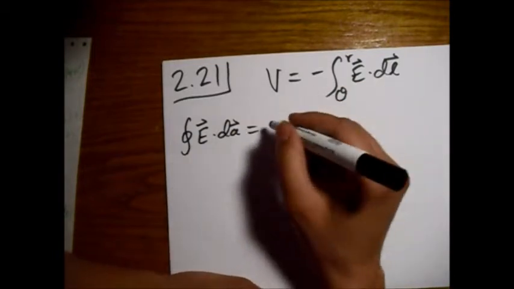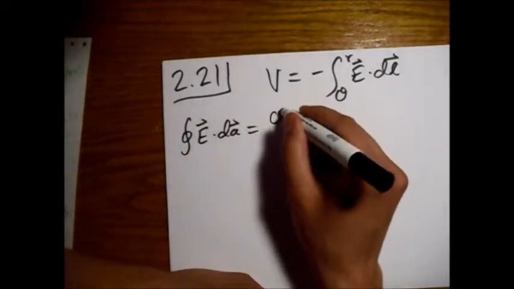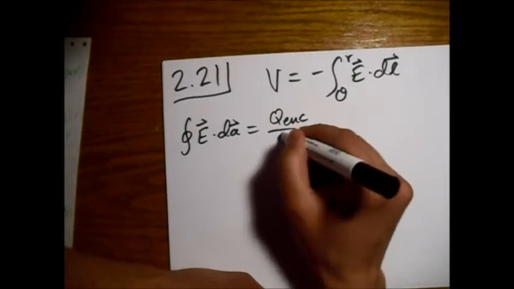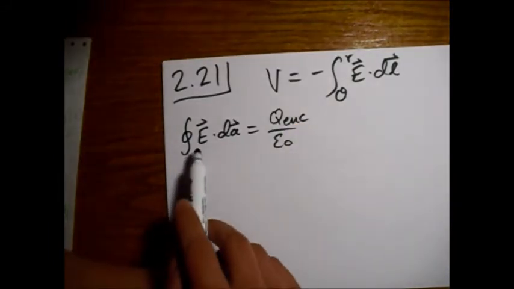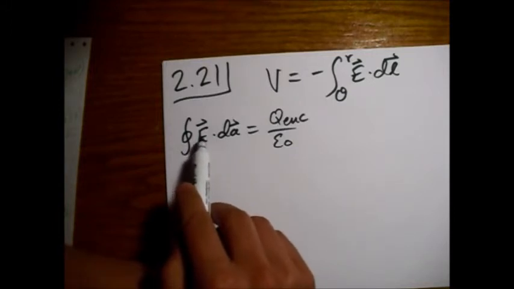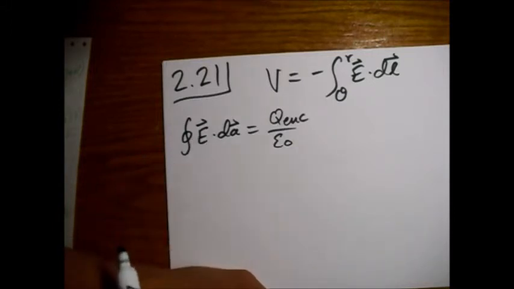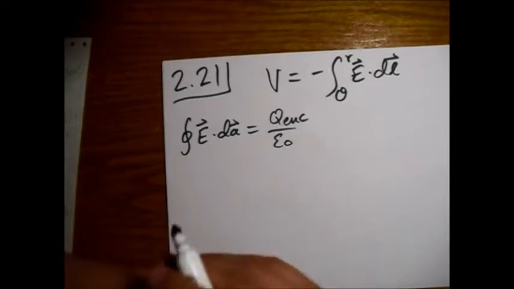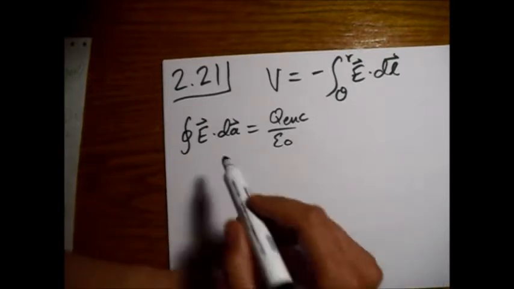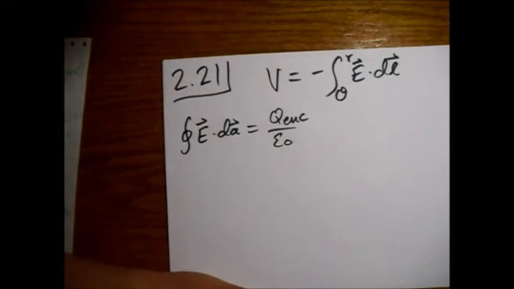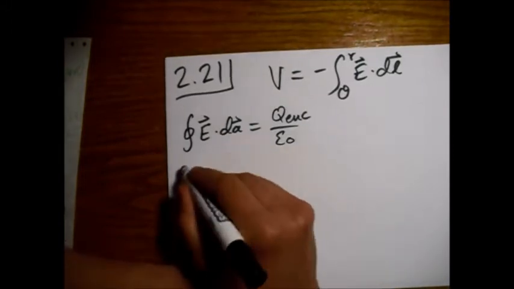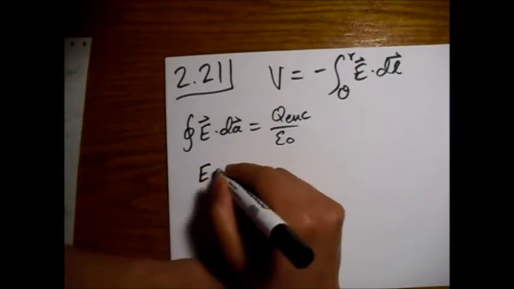Alright, so here's the integral we use for Gauss's law. Again, we just need to find the magnitude of E from this. Because of the spherical symmetry, the area vectors will all be facing along the radial direction as well.